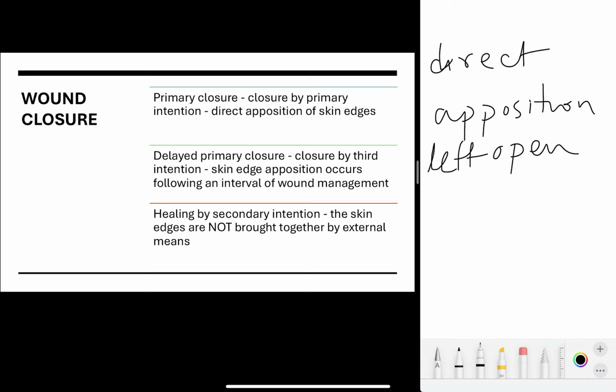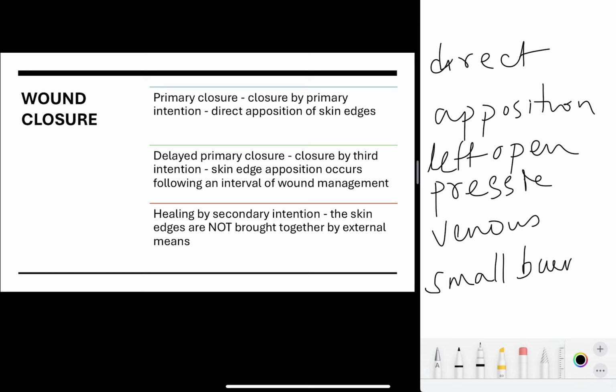This usually happens for pressure ulcers, venous ulcers, and small burn wounds. In these cases, the wound is purposefully left open until it is filled with granulation tissue.